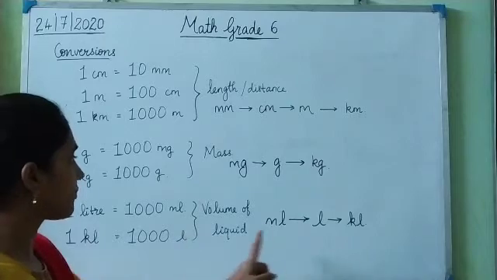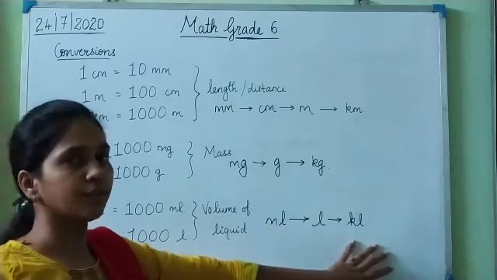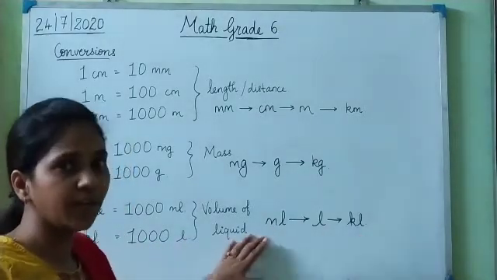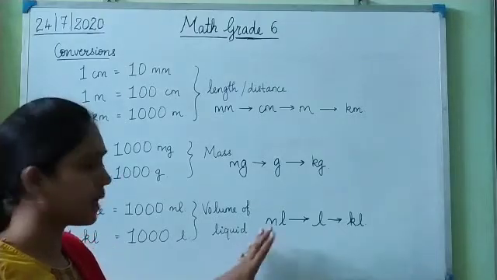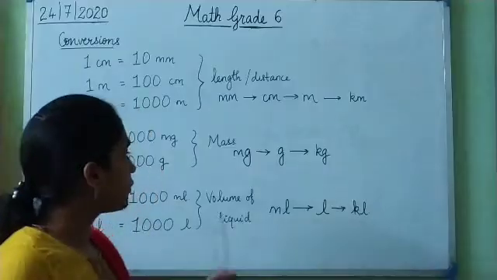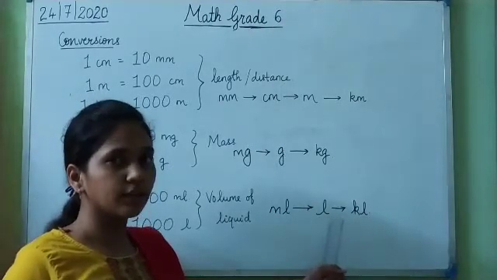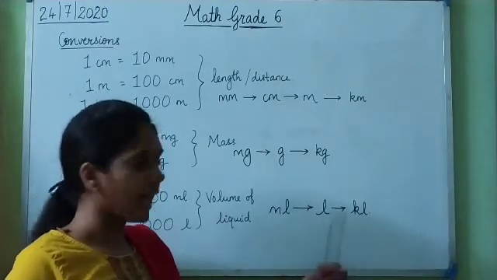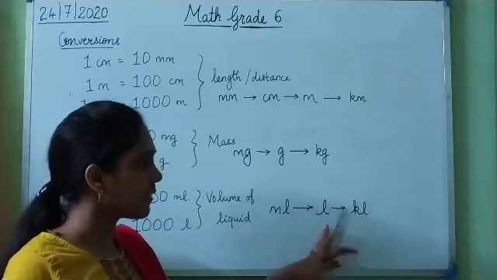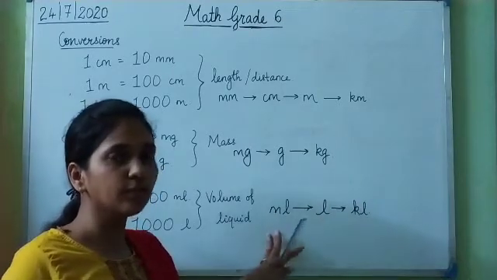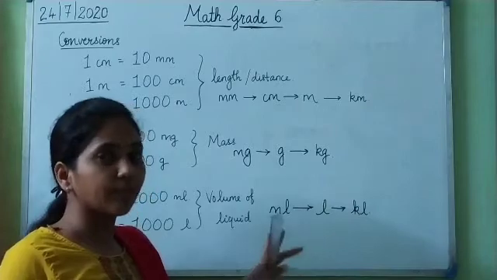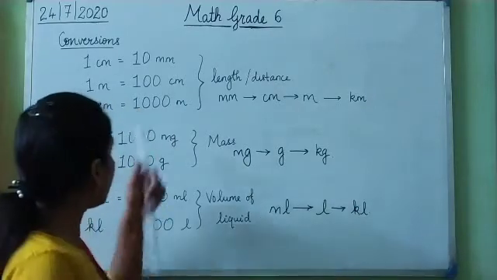So if you go in this way, you need to divide. If you go the reverse way, then you need to multiply. If you have to go from a smaller value to a larger value, you divide. And if you have to go from a larger value to a smaller value, you multiply by the given constants.